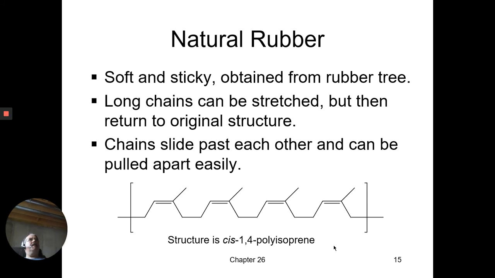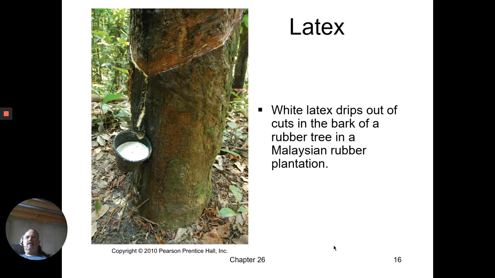Gutta-percha is used in golf balls, and it also makes up the membranes of doctors' stethoscopes. It has very good sound conduction properties. Here is a rubber tree on a Malaysian rubber plantation.